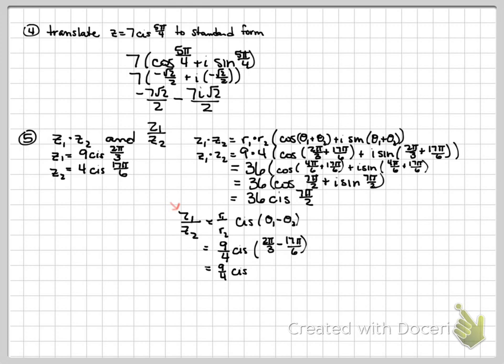Well, the 2 pi over 3 becomes 4 pi over 6 minus 17 pi over 6, which gives me 9 pi over 4 CIS of negative 13 pi over 6. And that's example 5.